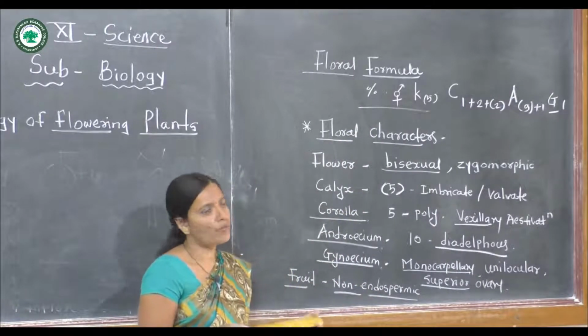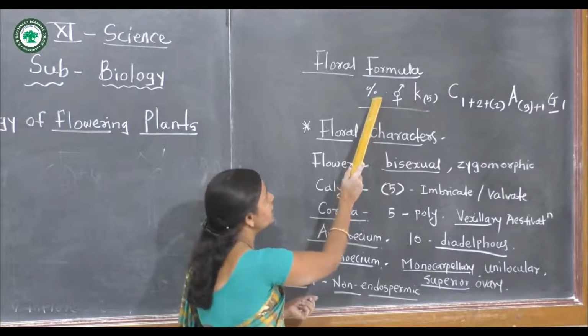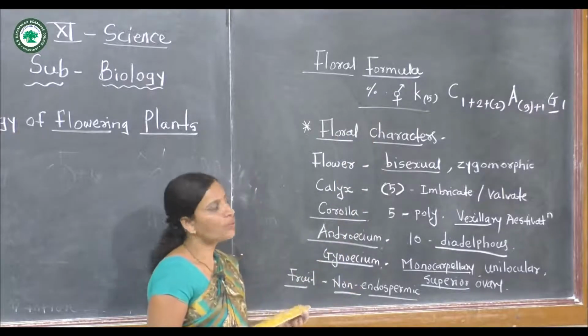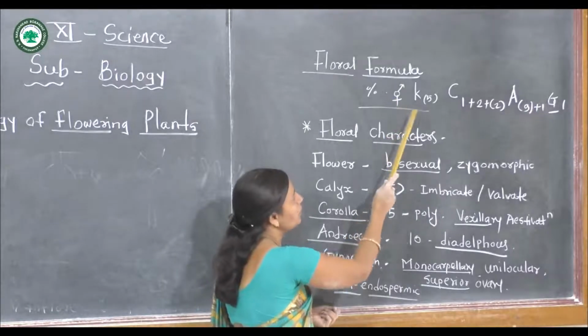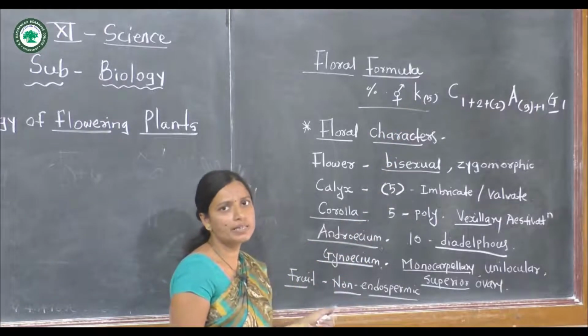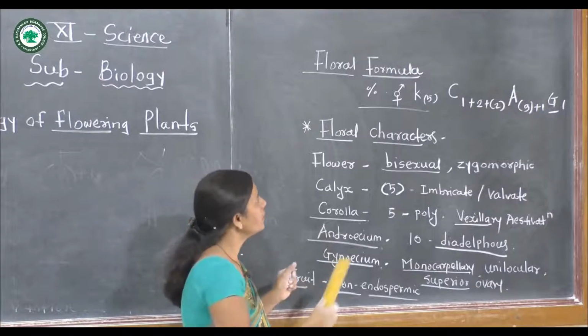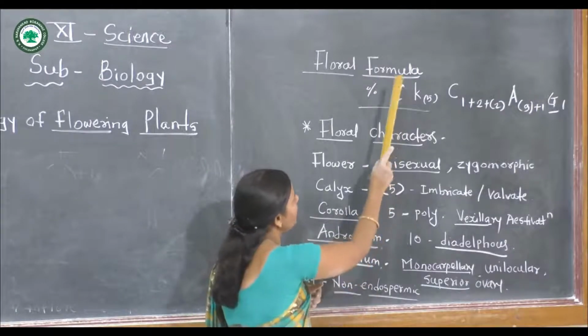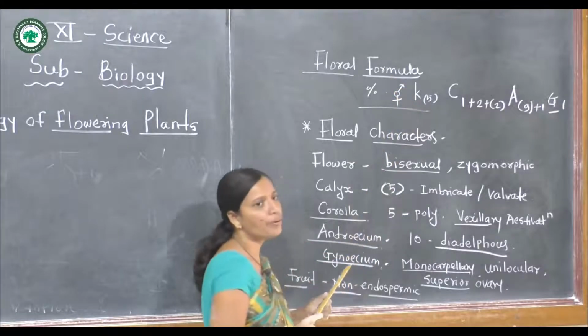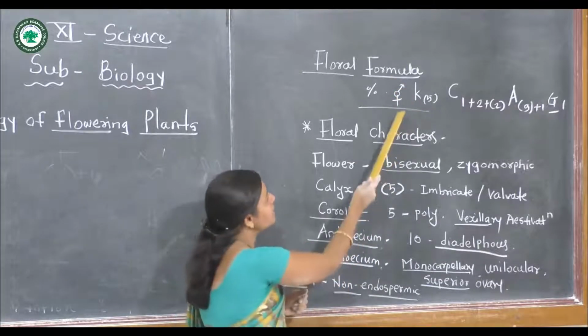It is a zygomorphic flower, indicated by this symbol. The next one is a bisexual flower. Male and female parts, the stamens and carpel, are both present in the same flower, and it is called a bisexual flower.